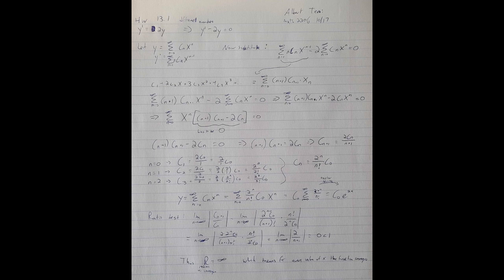For y prime, it comes out to c1 plus 2c2 x plus 3c3 x squared, and so on, which we can now change to an infinite series from n equals 0 to infinity of (n plus 1) c_(n plus 1) x to the n.